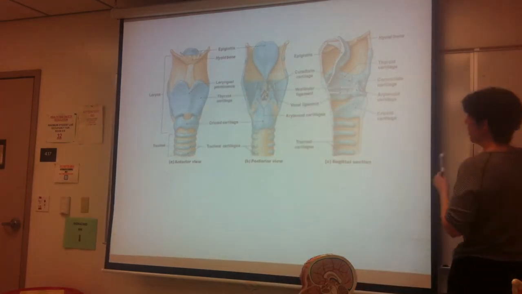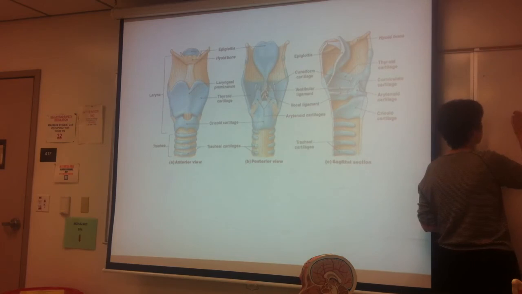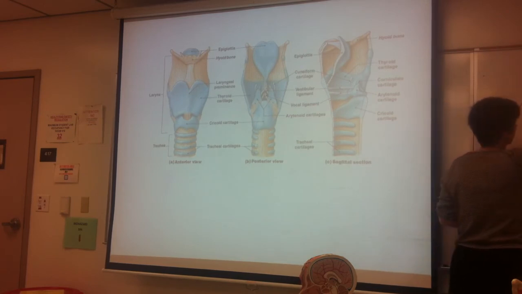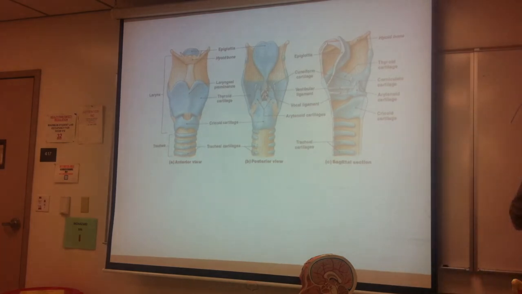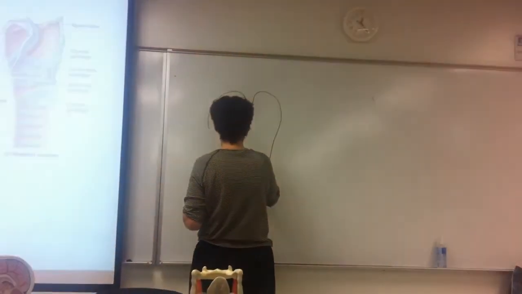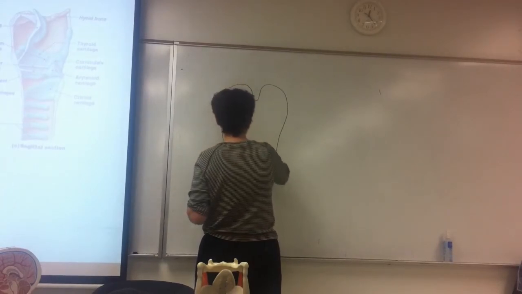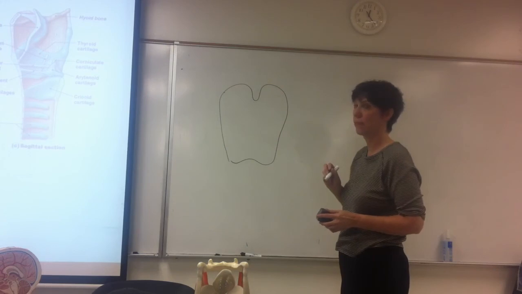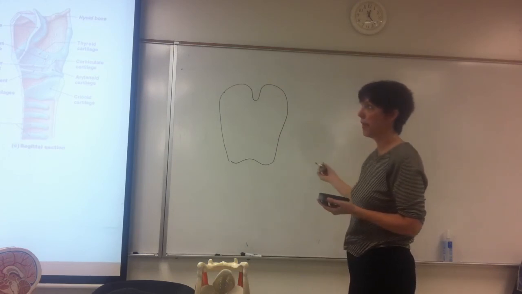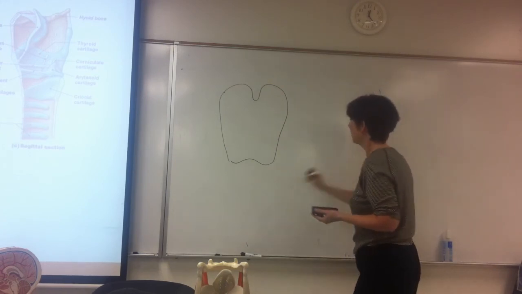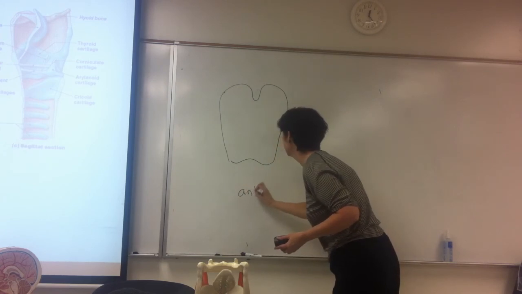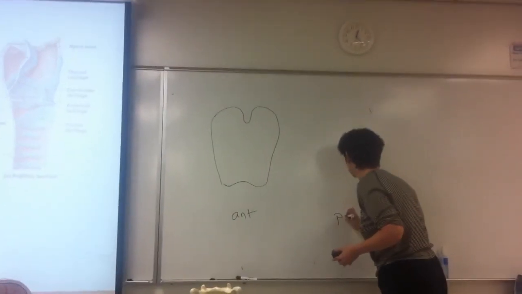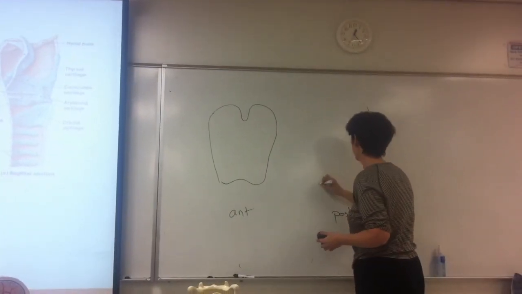So from our anterior view, that's the Adam's apple, the thyroid cartilage, which is most prominent anteriorly. From a posterior view, it's completely open. So this is an anterior view. This is a posterior view.